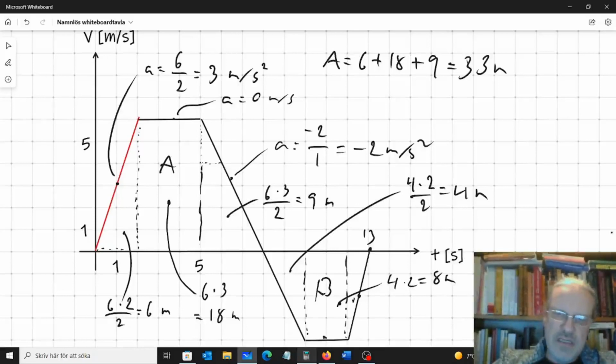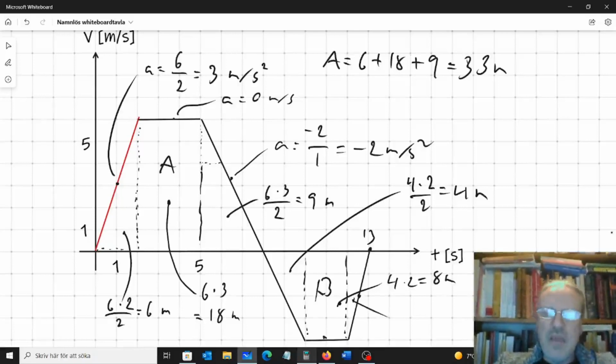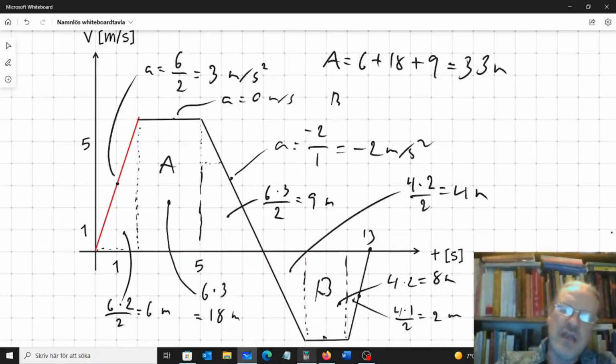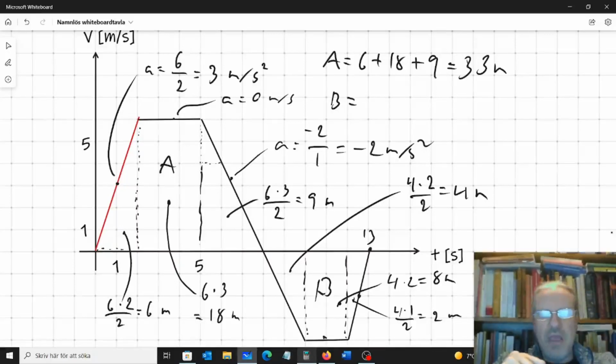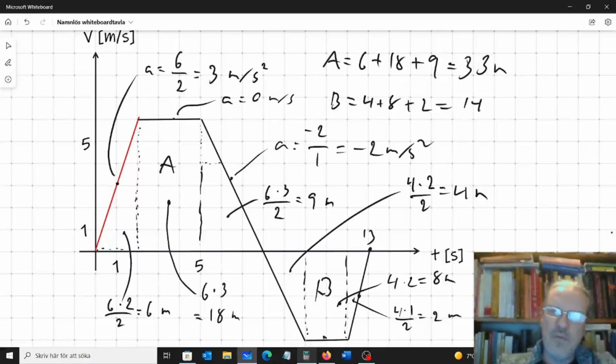And finally, this little part here would be 4 times 1 divided by 2, or 2 meters. We can combine this and say, okay, our part B would be 4 plus 8 plus 2. That would be 14 meters.